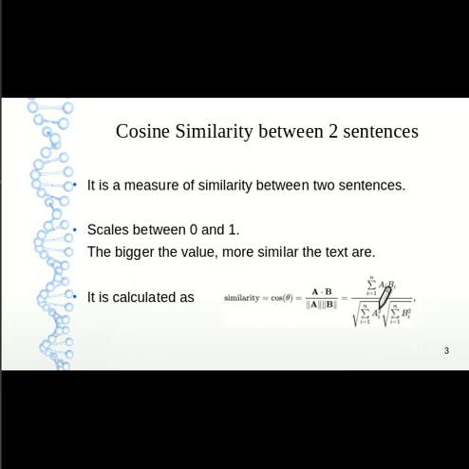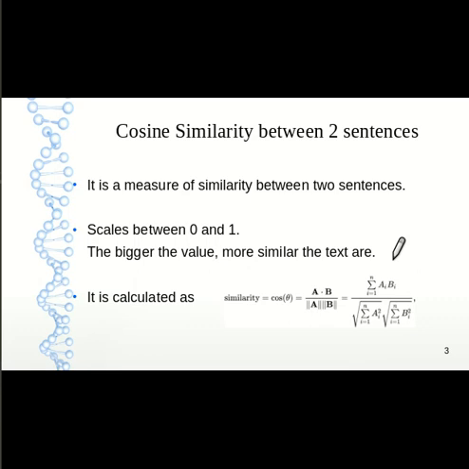We take the occurrence of each word, take their squares, add all these values and take the square root, and the same is done with B. We multiply both square roots, and this will give us the similarity value.